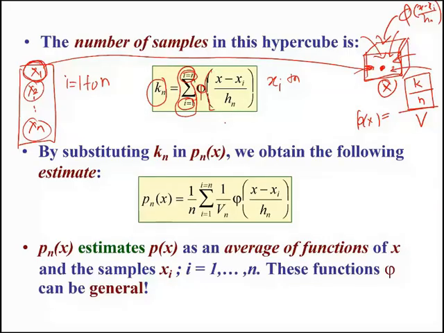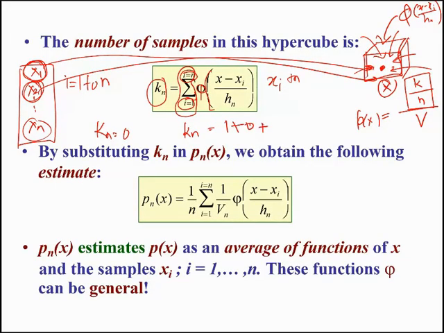So my count is incremented. Initially k_n equals 0, then now k_n equals 1, because the first sample is in. Then I take the second sample, I check again with this function, and it returns me 0. That means it is outside the box, so it will be plus 0.